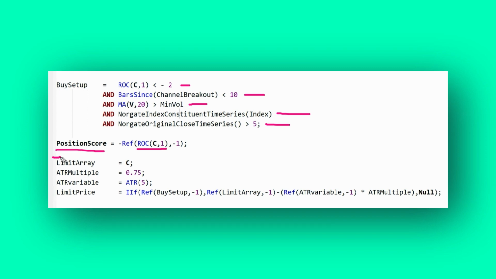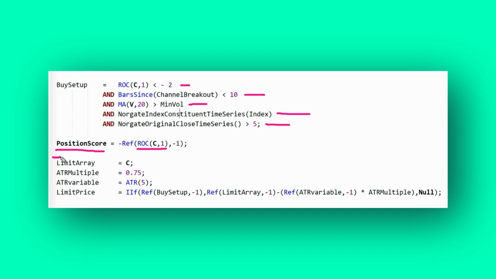Now, moving on to the rules of this strategy. This code comes from AmiBroker, which is the software that I use for my own trading. I'm going to go through these rules very briefly. The strategy looks for stocks that declined more than 2% on the previous day. The higher the decline is, the higher the stock ranks.